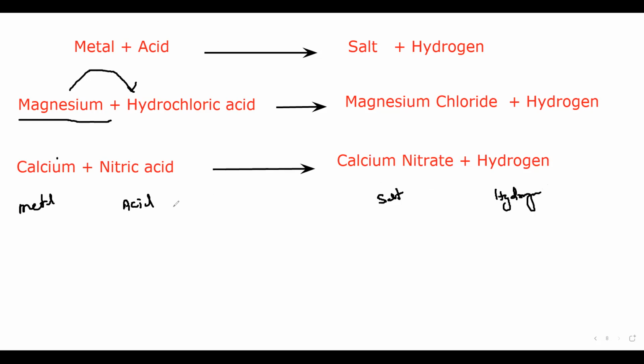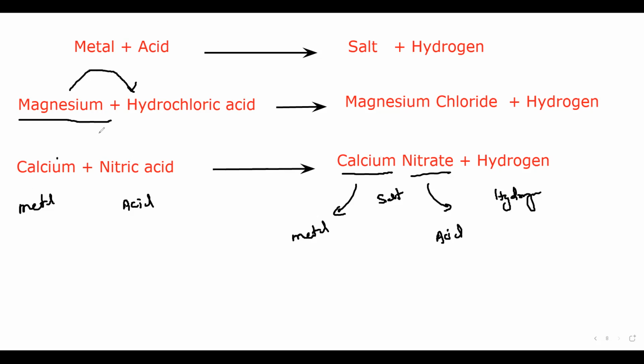So how to identify the salt? The salt will have two parts. The first name of the salt contains a metal and the second name is from the acid. This is always the case. When calcium is mixed with nitric acid, the first name comes from the metal, that's why it is calcium. The second name comes from the acid. Nitric acid gives nitrate salt, hydrochloric acid gives chloride salt.